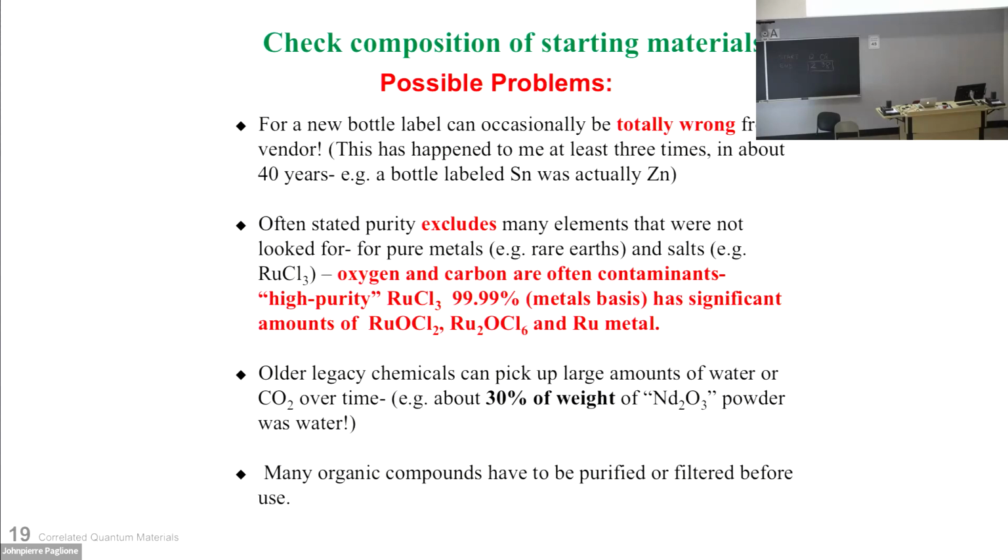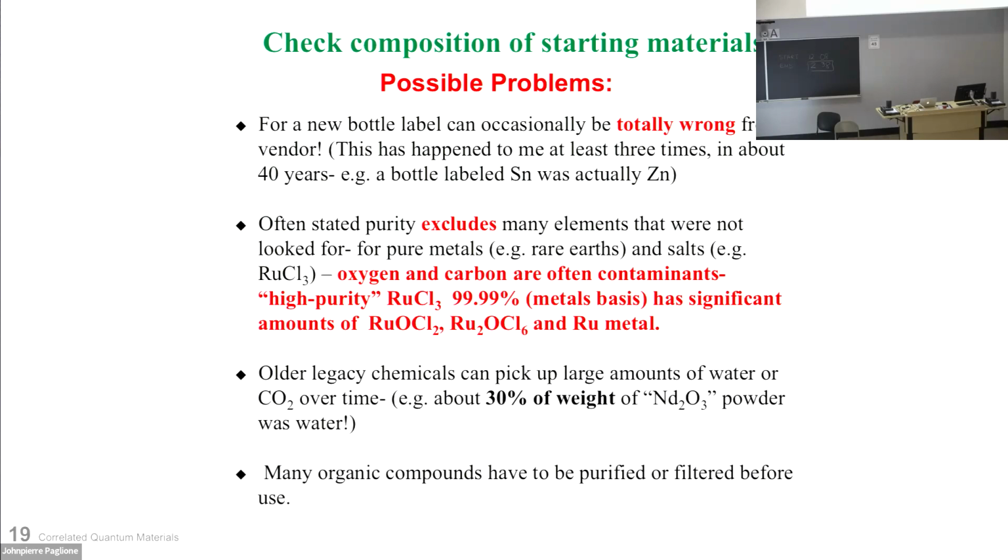The other thing is the stated impurity, so everybody wants to put 99.999% on their elements or compounds. In the case of ruthenium trichloride, they don't even check for oxygen or carbon or a lot of other elements. And so when we first tried to grow single crystals of ruthenium trichloride, it said 99.99% metals basis, which means the metals that they check for purity.